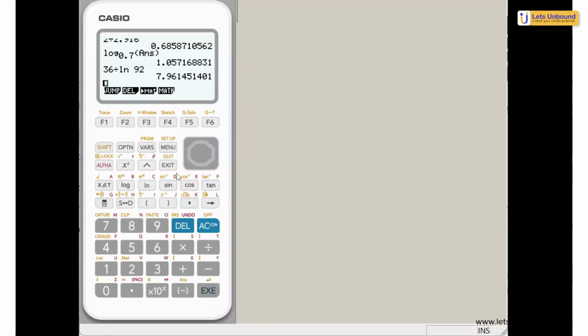So we have 40 plus 97.961 times ln 50. And once we approximate this, we can see that our answer comes out to be 71.143.